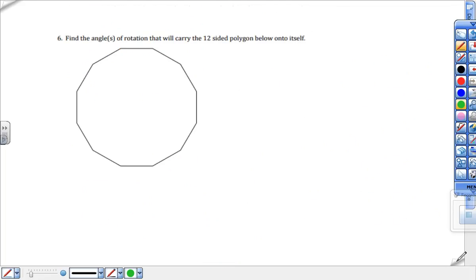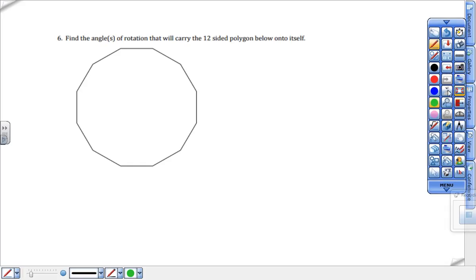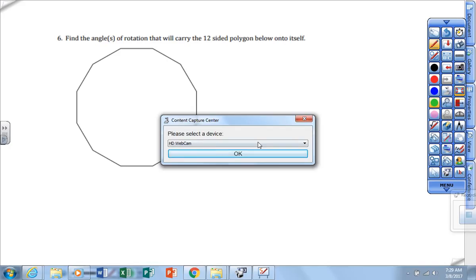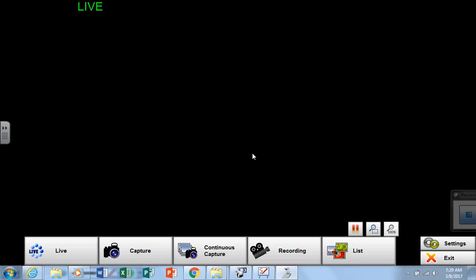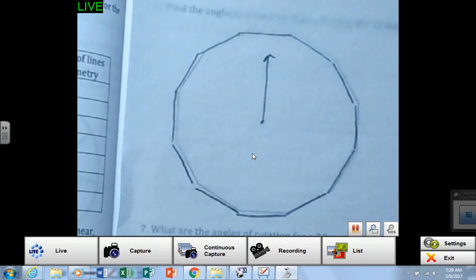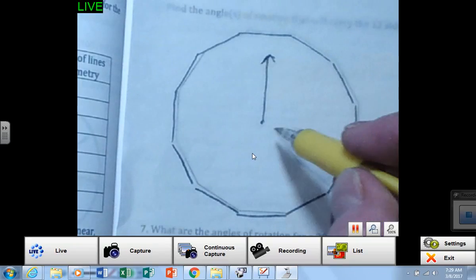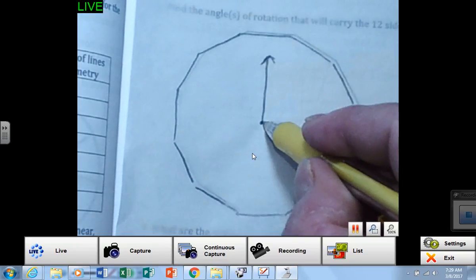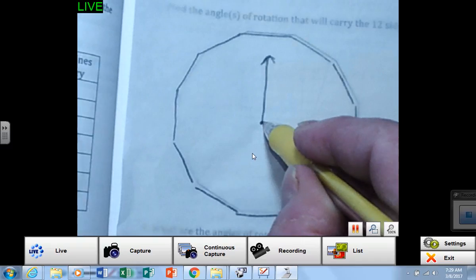I'm going to show you on the document camera how many times this touches itself in one rotation. So here it is. I drew it. I traced the edges. I put an indicator arrow at the top to see how many times it will go around. Let's count the order of rotation.